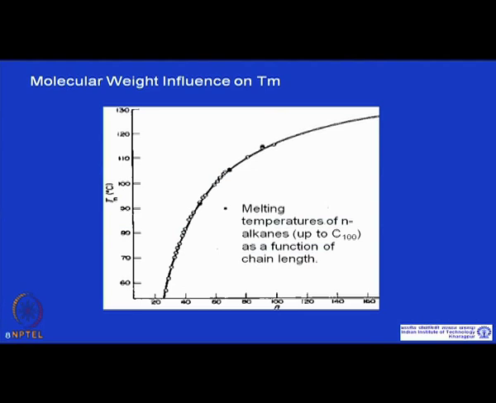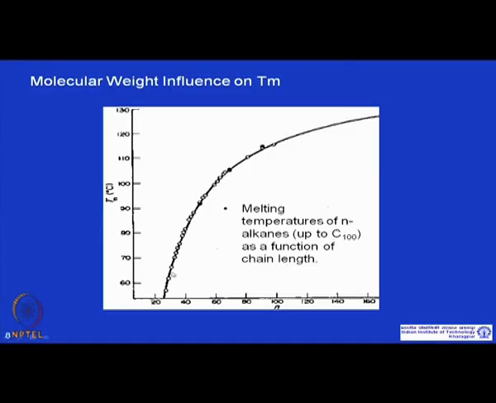Molecular weight also influences the value of Tm. This is because, as we have seen in case of Tg as well, the chain ends have much more free volume. So, the ends of the polymer chains are much more flexible. If you have a shorter chain, then the polymer is effectively more flexible and Tm goes down, and if you have a longer chain, the contribution from the ends is less, so Tm goes up.